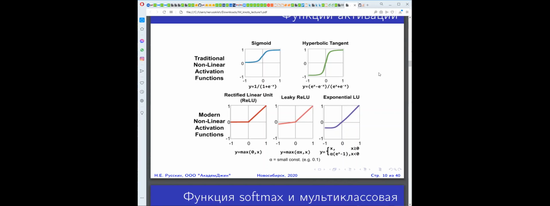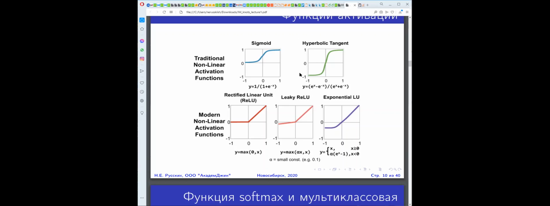So people at first substituted it with something which looks like a step function, but has non-zero gradient.